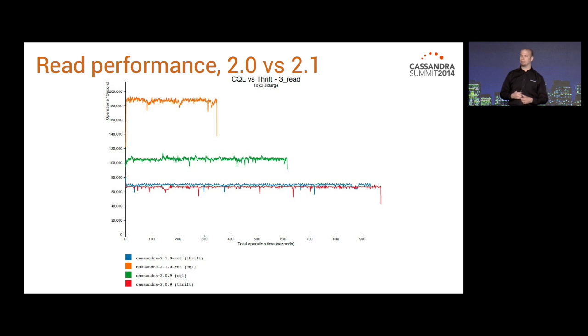So at the top, I have the 2.1 SQL performance. The green line in the middle is actually 2.0 SQL performance. And then these lines at the bottom, the blue and the red, these are SQL and Thrift in 2.1 and 2.0 respectively.